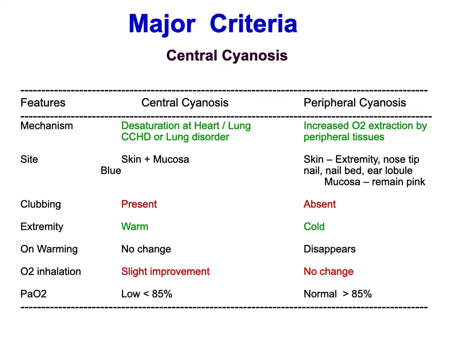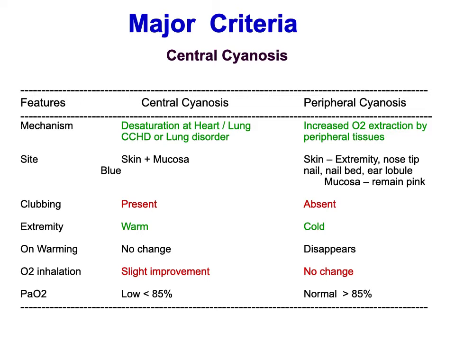So here skin becomes blue, whereas mucosa, because of a temperature difference of about 0.5 to 1 degree centigrade, is warmer. So blood supply is slightly more in the mucosa as compared to the skin in normal times. So it remains pink.